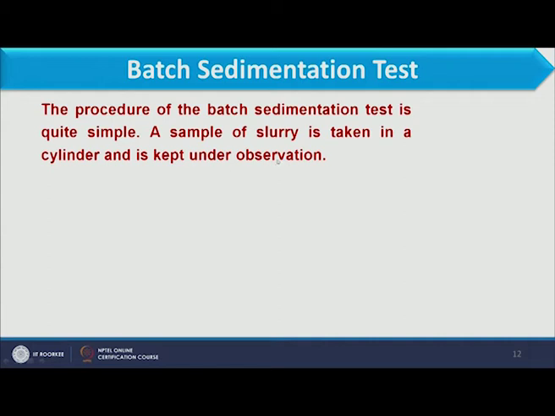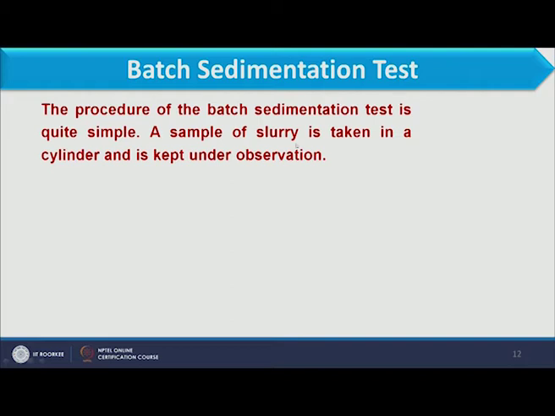Therefore initially we will do the sedimentation process at batch level, where we consider the same slurry for which we have to design the continuous system. So to design the continuous system for the slurry, first we have to carry out the batch sedimentation test using that slurry. Now the procedure of the batch sedimentation test is quite simple.